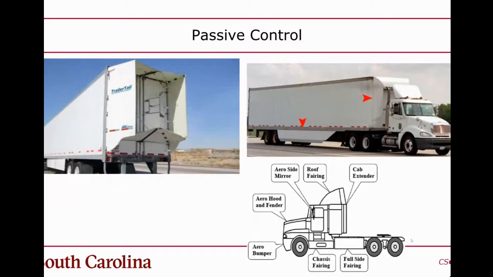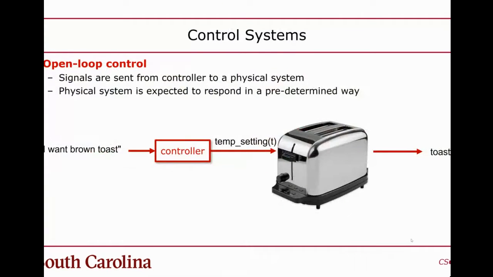So I mentioned there's three different ways that you can do control. You can do passive control, like with these trucks, where you put features on them to try to control the aerodynamic drag. There's also open loop control, which is where you have a controller connected to a plant, where the plant is the thing that you're controlling, usually some sort of device.